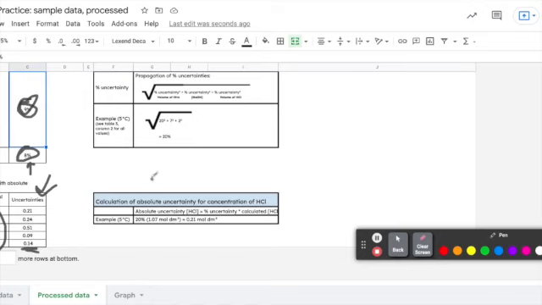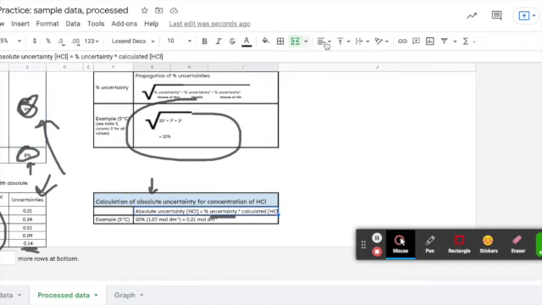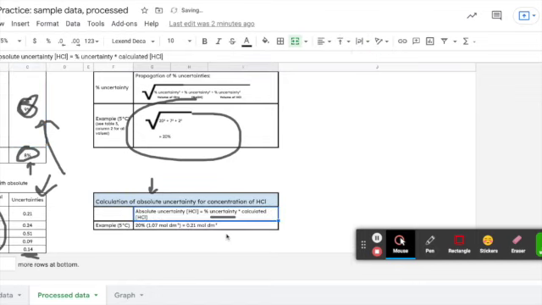So the last step is to go back to absolute uncertainties using the relative uncertainties you just found that propagated the error from all of the values that went into your calculation. So the percent uncertainties you just found, those are these, times the calculated HCl concentrations, times what you just found in your calculations.